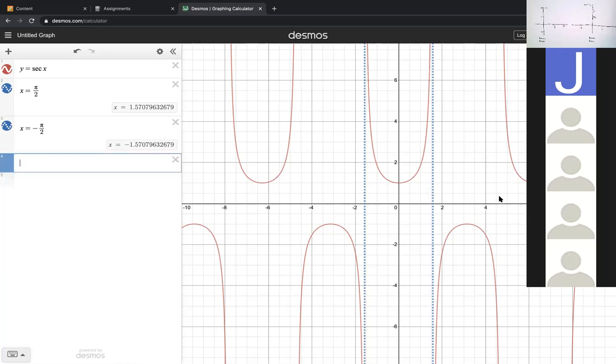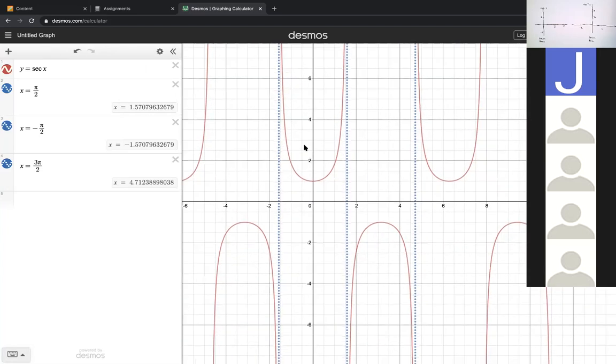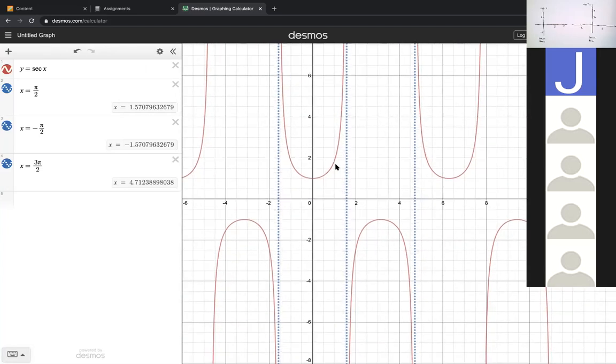And then maybe the next one further to the right, that would be 3 pi over 2 if you add 1 pi to pi over 2. Okay, so this gives us an idea of what secant looks like.